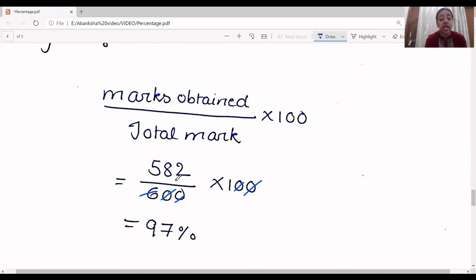Further, when I divide 582 by 6, I get the value as 97%. So always remember, when you calculate percentage marks, if somebody is telling you that I've got this much marks out of these marks, the obtained marks will be in the numerator and the total marks will be in the denominator, and multiply it by 100 to convert it into percentage.